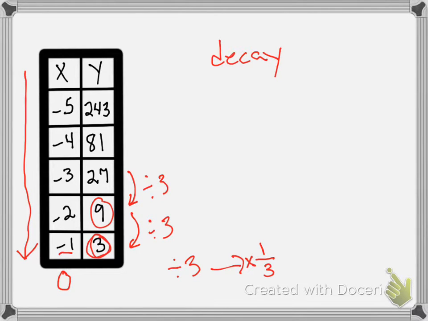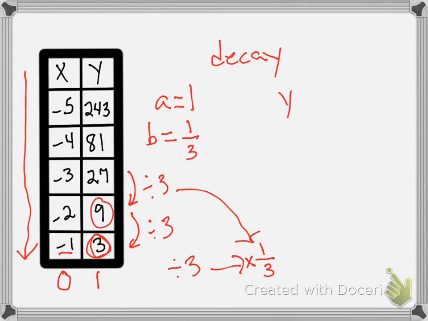We can divide by 3 one more time to get the y value when x is 0. So our y-intercept here is 1, and our b value, the number that we're multiplying by each time, is not going to be that 3 because that 3 is division. But dividing by 3 is the same thing as multiplying by 1/3, so our b value is 1/3.